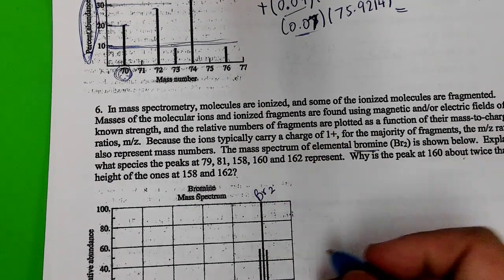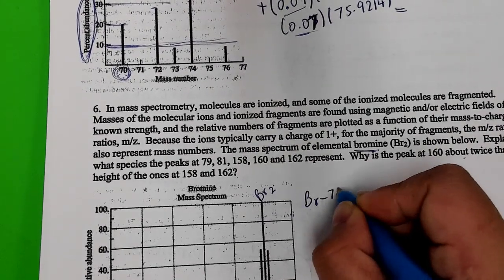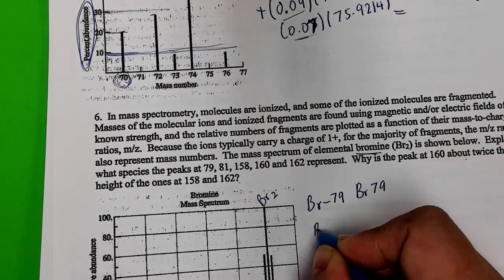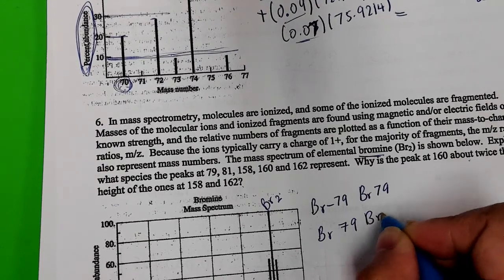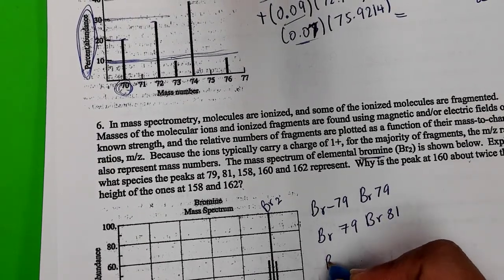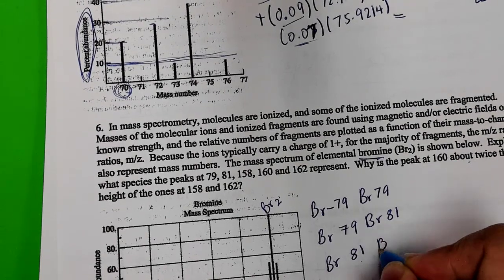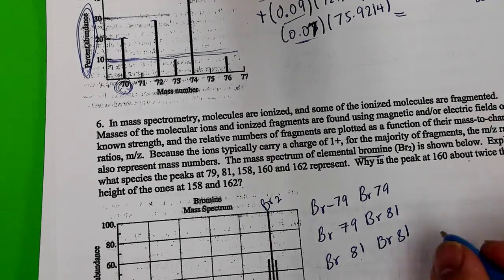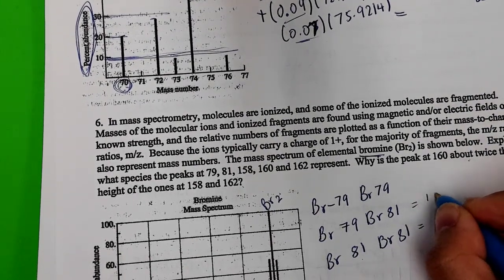Now let's think about the mass. Br2 can be Br-79 with Br-79, Br-79 with Br-81, or Br-81 with Br-81, which gives about 158 mass, 160 mass, and 162 mass.